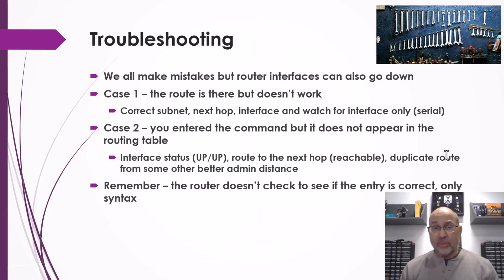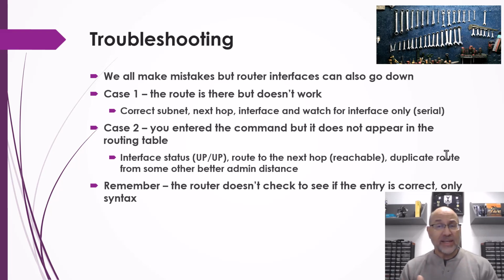All right, now when you're troubleshooting, we all make mistakes, but router interfaces can also go down, or there can be losses downstream. So there's two generally broad cases. One is where you've got a routing table entry in there and it just doesn't work. You can see it in the routing table, and for some reason the forwarding isn't working.